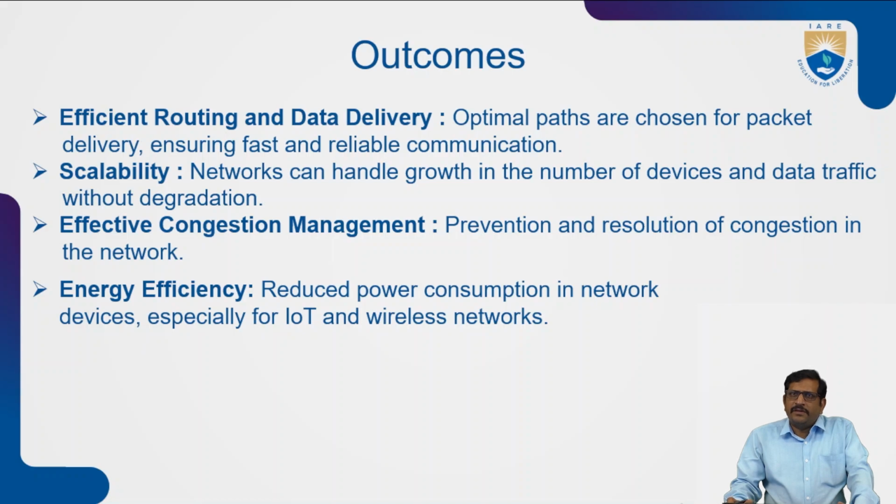Here, congestion can be prevented and resolved. That means the prevention and resolution of congestion in networks can be done. The next outcome of the network layer design issues is energy efficiency.